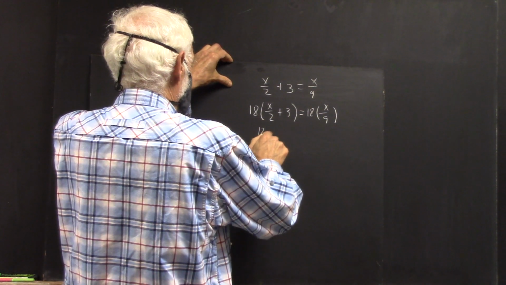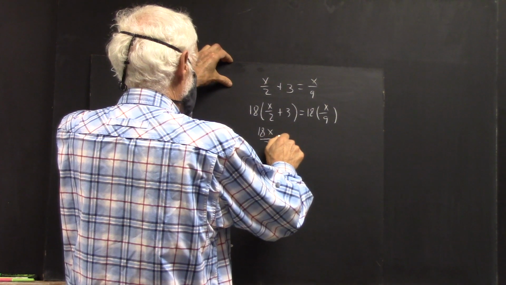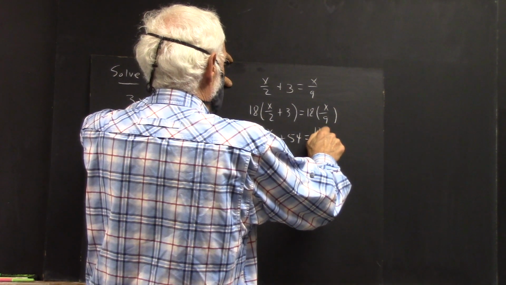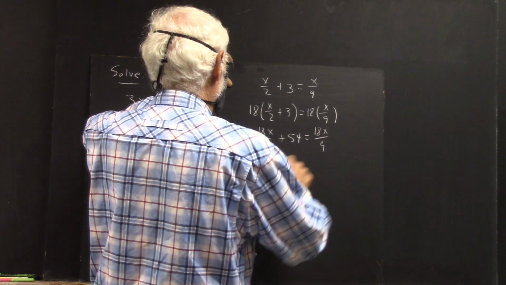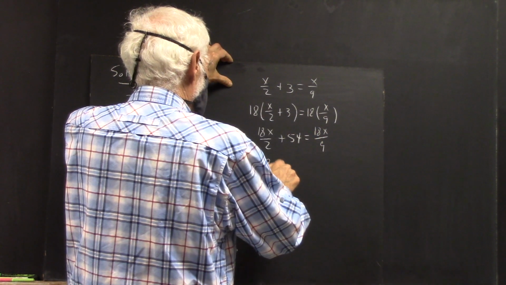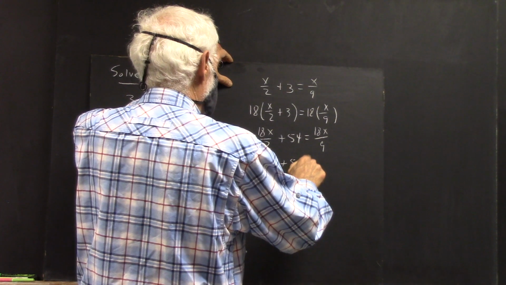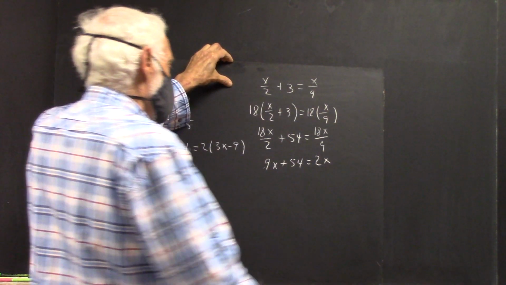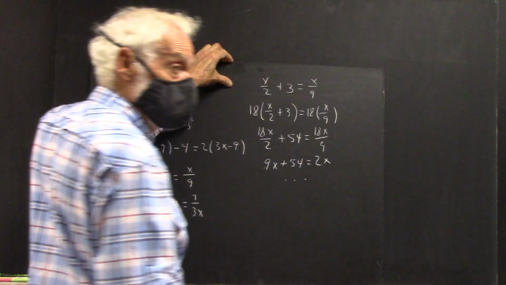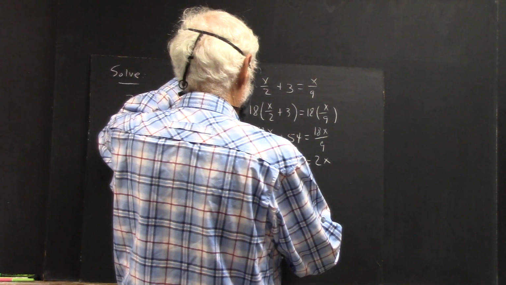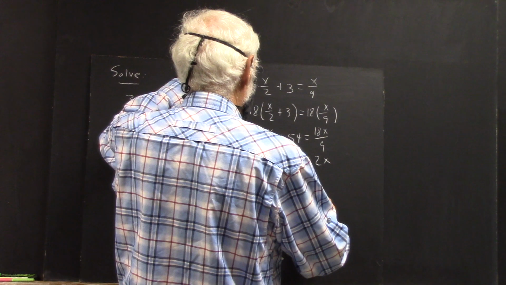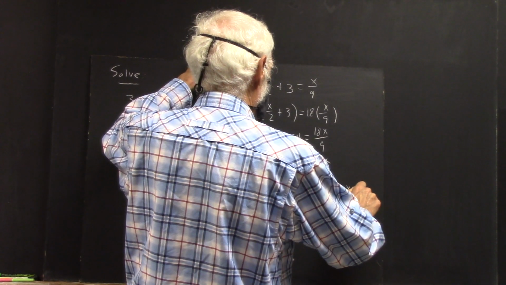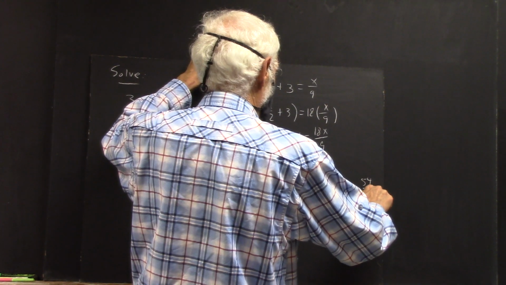So you get 18x over 2 plus 54 equals 18x over 9, which is then 9x plus 54 equals 2x. Now, a couple of steps that you know perfectly well are going to give you 7x equals 54. So x equals 54 over 7.